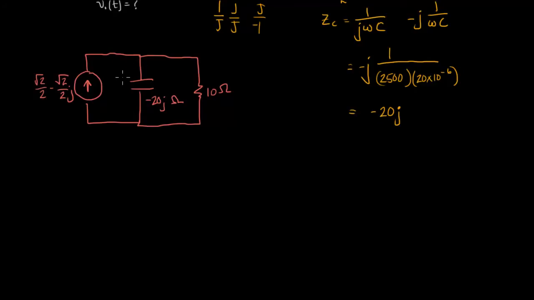So let's convert them into a voltage source and a resistor in series, and then we can just do voltage division to find this voltage, which is what we're looking for, V across here. Okay, so to do a source transformation, we are going to multiply this current times this resistance or impedance, and that will give us the voltage source. So let's just redraw the circuit, and then we'll calculate the values.